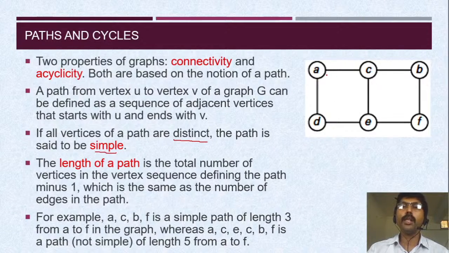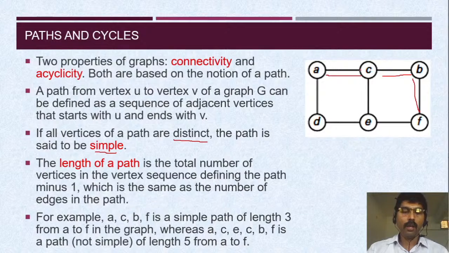For example, see here, A to C, C to B, and B to F. From A to F, no vertices are duplicated, all are distinct. So A, C, B, F is a simple path here.